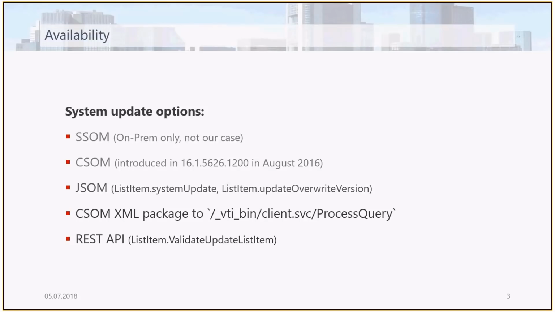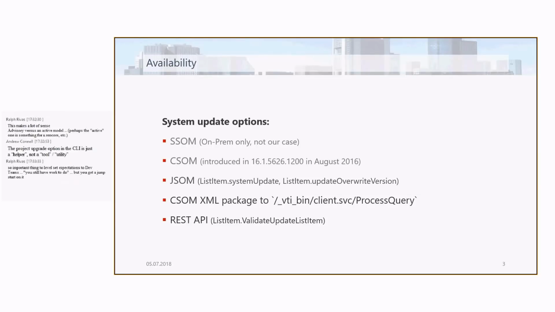The problem at hand is that client-side APIs have some limitations and, let's say, nuances in terms of today's topic. As mentioned before, system update has been there for ages in the SOM API. That's on-prem and not our case, of course. System update was introduced to the CSOM.NET API around 2 years ago, and not long ago, but I can't name the specific moment in time, system update landed in the JSOM library in SharePoint Online.